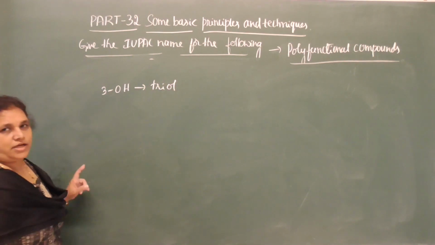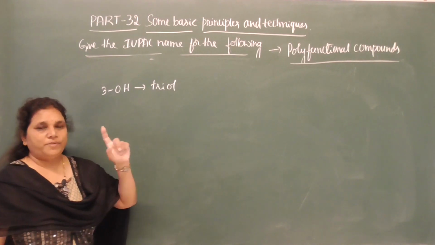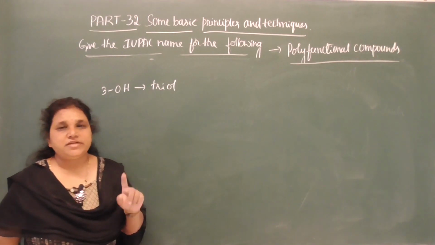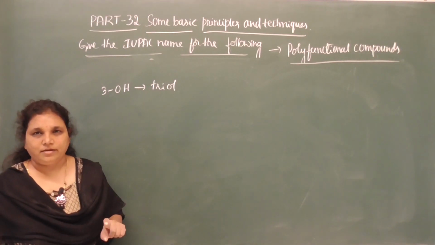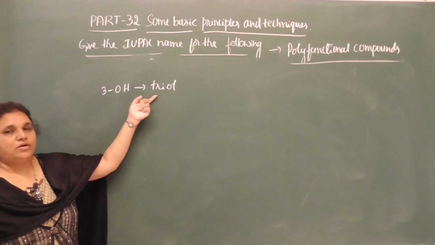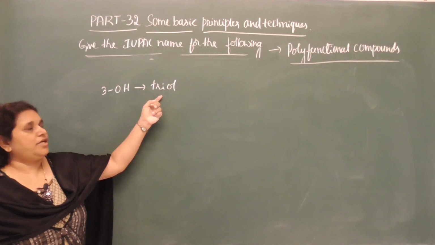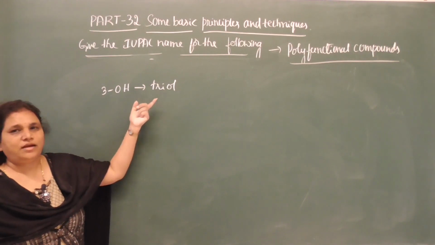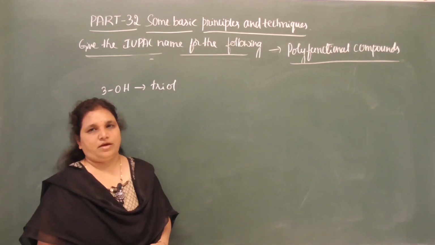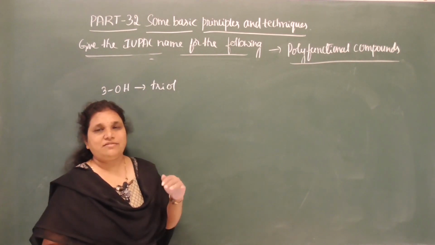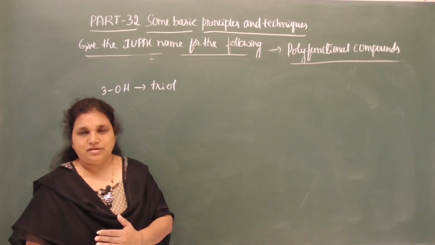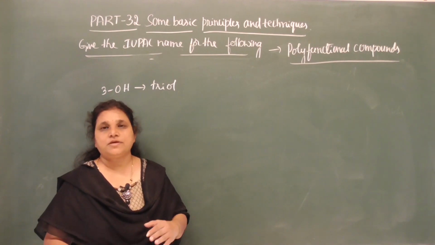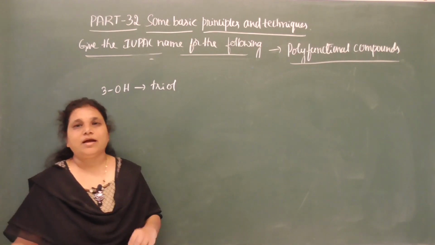The OH group is a functional group which does not contain carbon, so this is not a problem. When we are using 2 OH groups, we use diol; if 3 OH groups are there, definitely we can use triol.